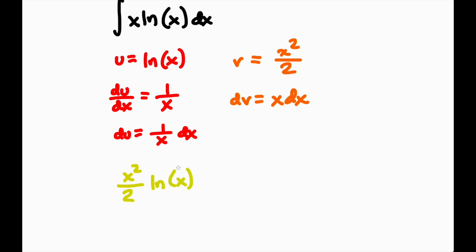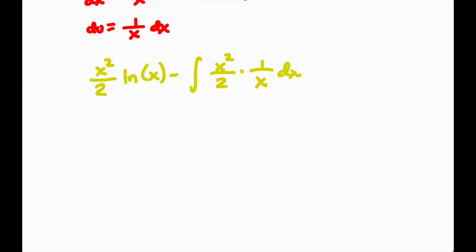Usually they put the algorithmic part first. Doesn't matter the order though, but I just did v times u, which is the same as u times v. And then I'm going to subtract the integral of v times du, which is 1 over x dx.